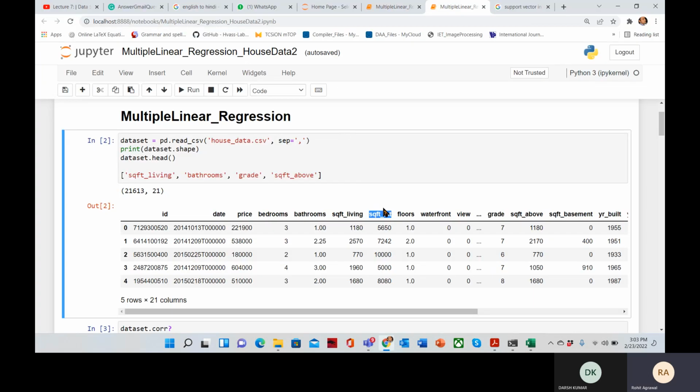Okay, I think ये वाला और ऐड करते हैं, square feet lot. और स्क्वायर फीट बेसमेंट भी ऐड करते हैं.